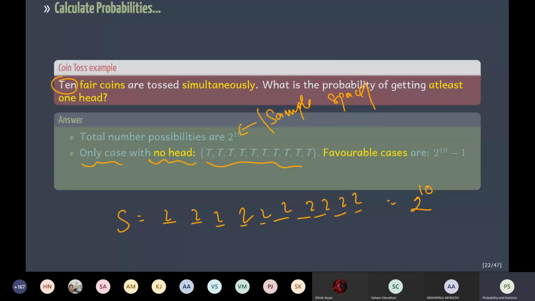Using the probability axioms, let event one be the no head case, and event two is the complement of E1, which is at least one head.